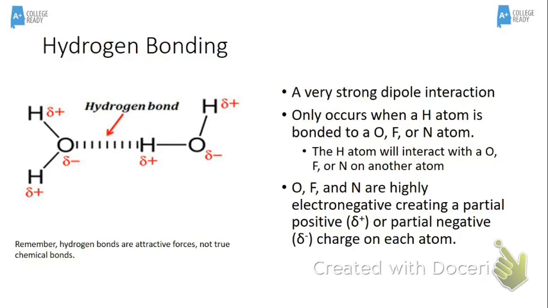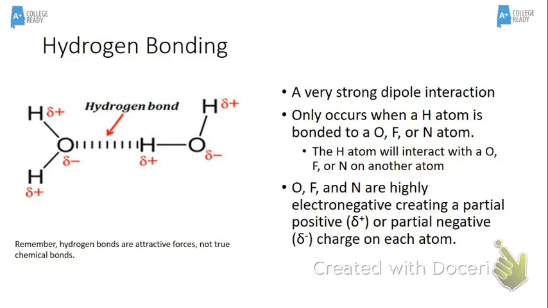Now, when we have hydrogen bonding, you must at minimum have a hydrogen present. So if there's no hydrogen, no bonding can occur. Now, it's not just simply saying there's hydrogen there. We have to have fluorine, oxygen, or nitrogen attached to that hydrogen.